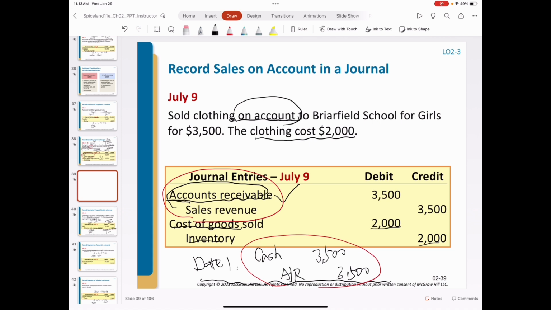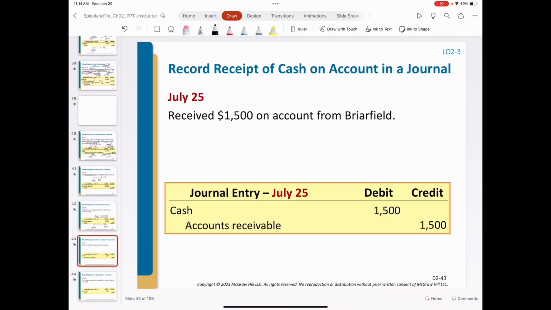This is a pending payment expected from the customer. And on July 25, the customer partially made the payments. The company received the payments with debit cash and credit accounts receivable, because we should write off accounts receivable by the amount received.